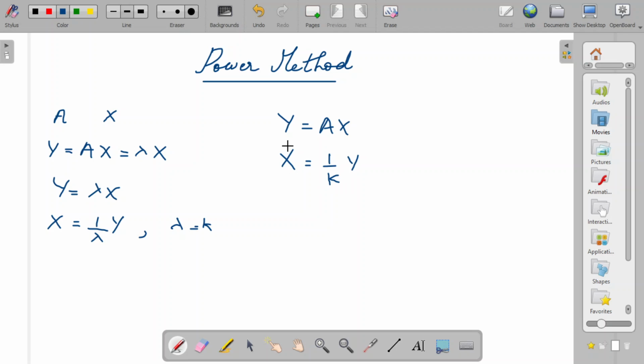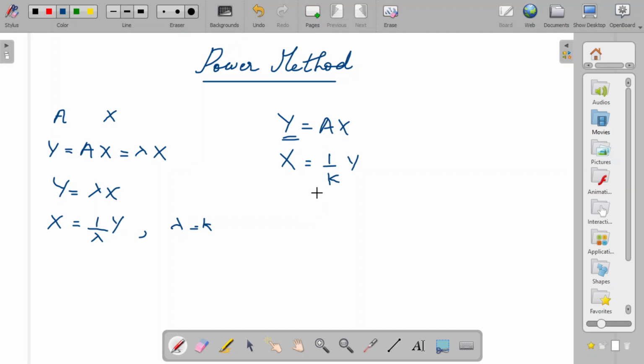Thus we found y equal to Ax, and from that I find x equal to 1 by k into y. Then what is k? K is actually the largest value among the elements in the matrix y.